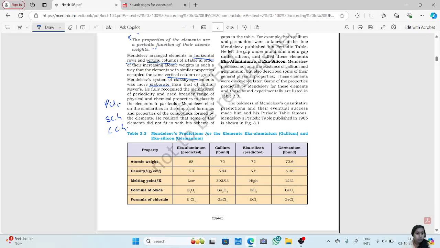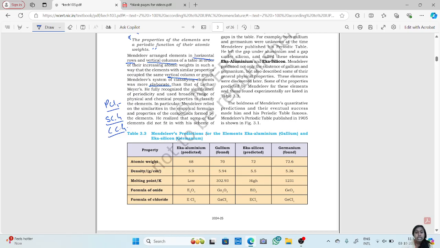If these elements form this kind of compound, then they have similar properties. This is just an example. This is the basis on which Mendeleev classified his elements.